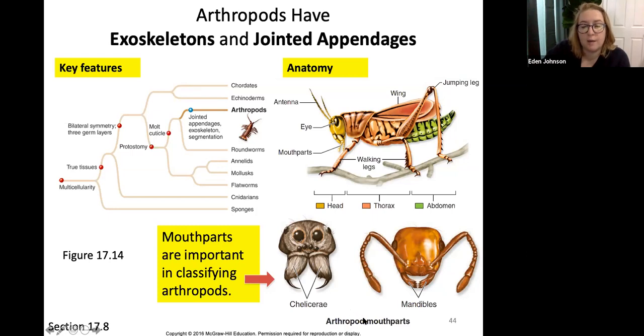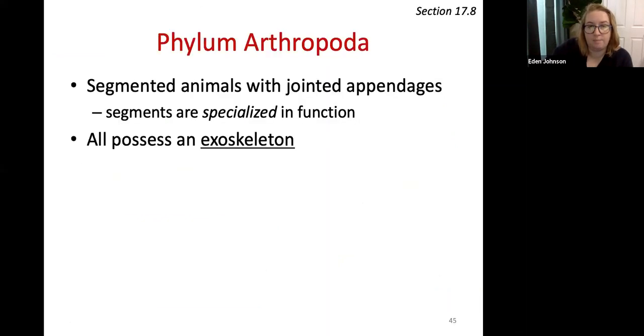So first, an arthropod mouth part is your chelicerae. These chelicerae are going to be on things like spiders and ticks, okay, versus mandibles. You're going to see mandibles on things like fleas and ants, okay? So mandibles versus chelicerae.